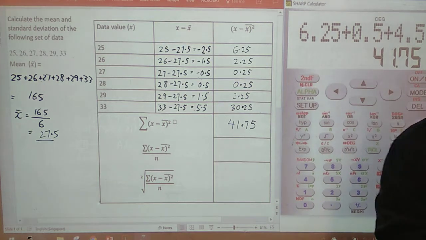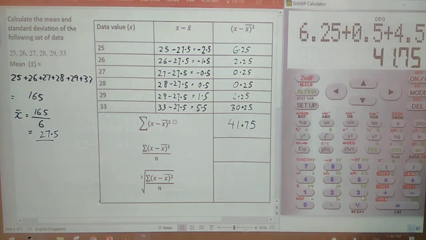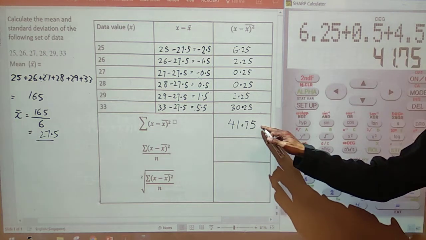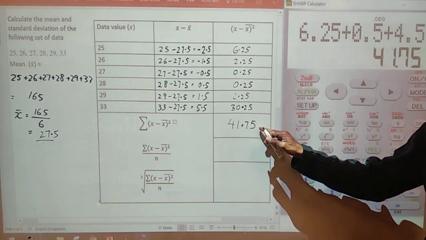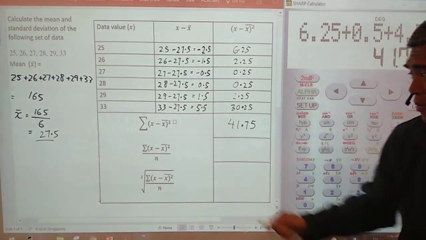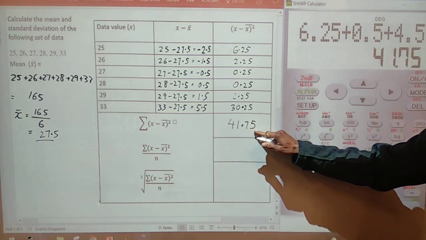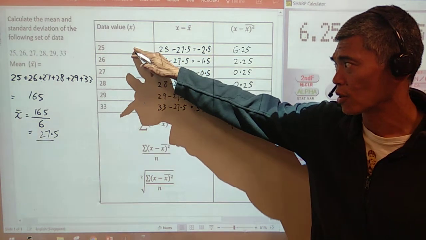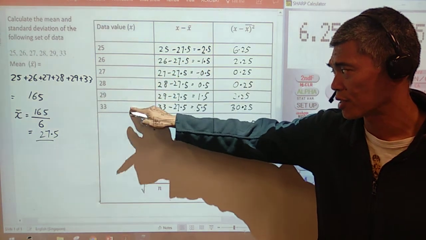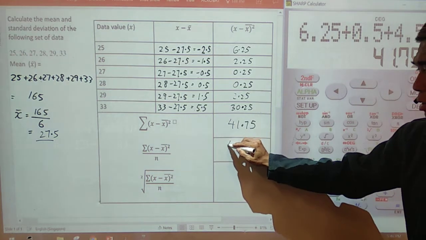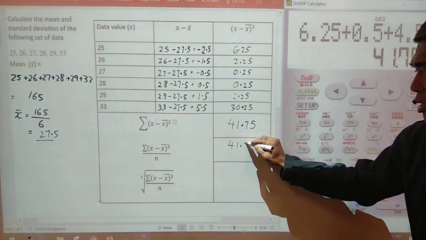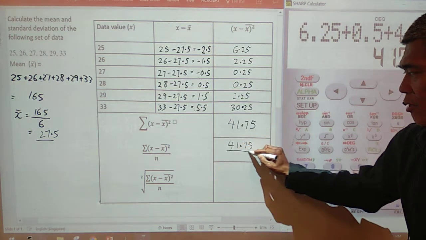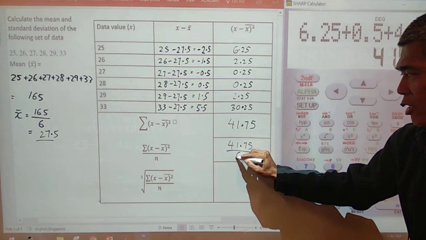Okay. Now, we next need to find the average of the squares of the differences. So we take 41.75 and divide by the total number of values, 1, 2, 3, 4, 5, 6. So we're going to take 41.75 divided by 6.